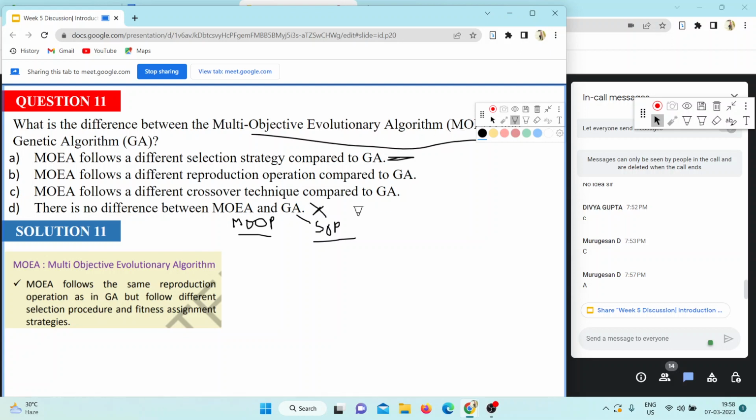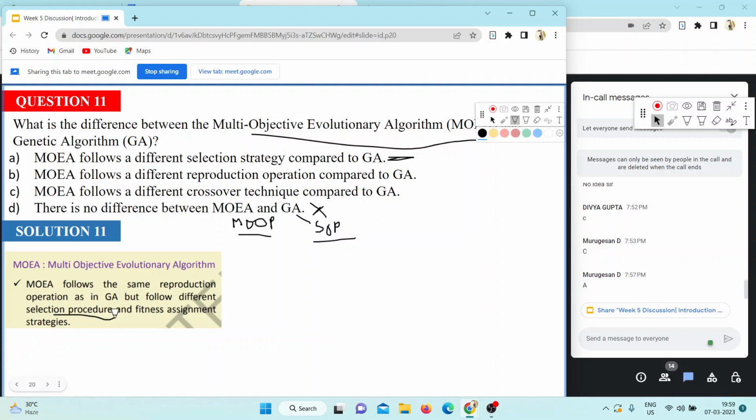Now these three we have to check. A is telling MOEA follows a different selection strategy, B is telling it follows a different reproduction operation, and C is telling it follows different crossover techniques. What happens is MOEA follows the same reproduction scheme, but the difference happens in the selection procedure.